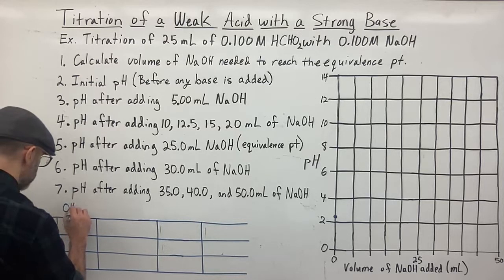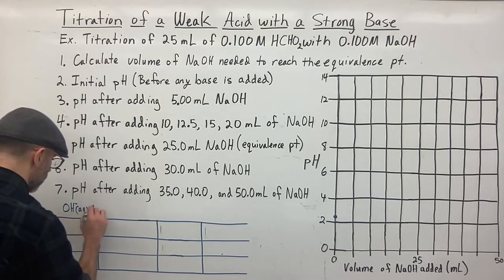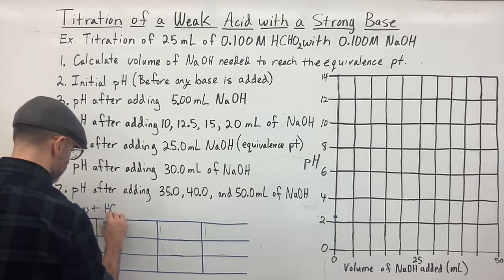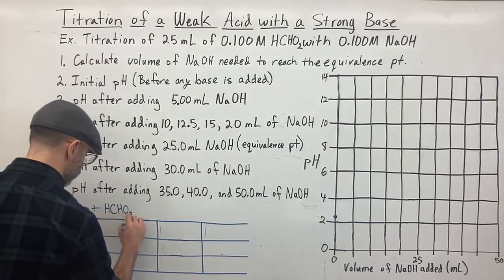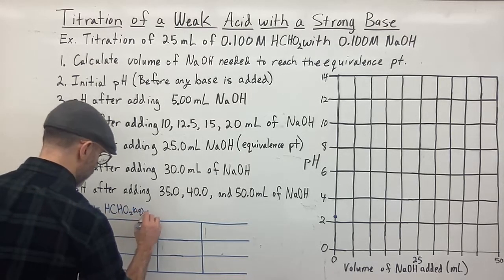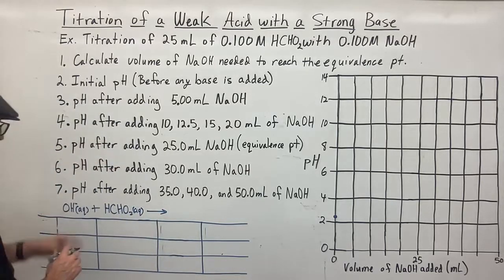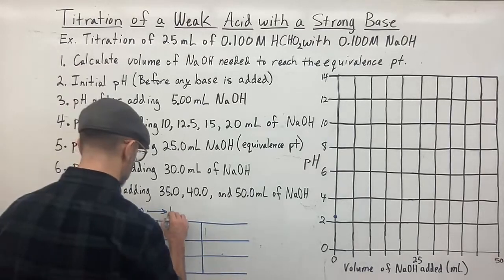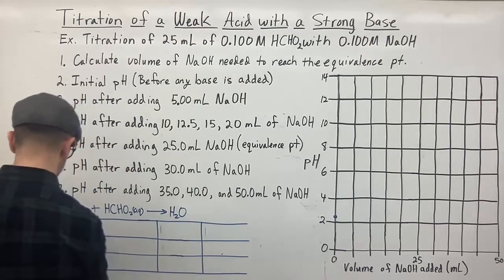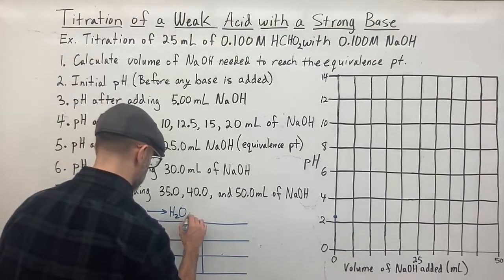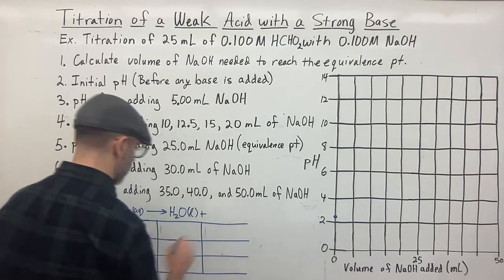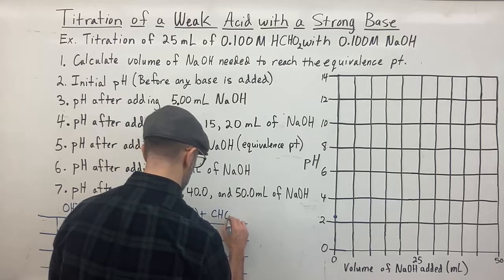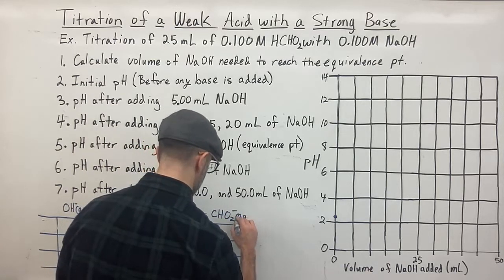So we have our OH minus, plus, and that's going to react with the acid, so that's HCHO2 aqueous, and that's going to produce the products, and one product is going to be water, liquid, plus we've got our conjugate base left over, CHO2 minus aqueous.